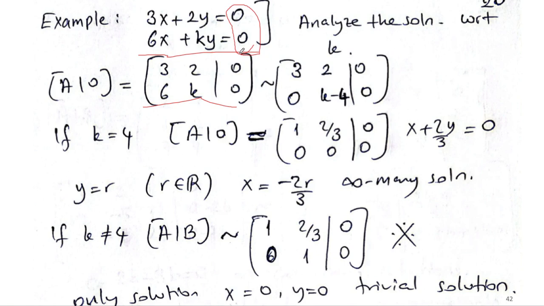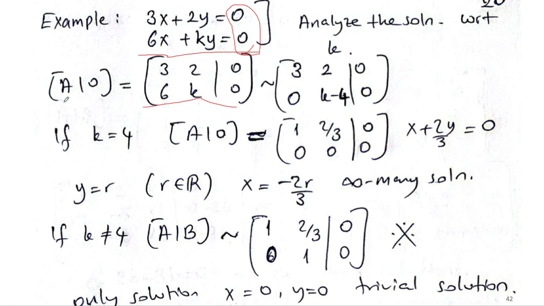So for this type of equation system, we have the homogeneous system. But in the homogeneous system, the trivial solution, that is all these unknown variables x and y equal to 0, is a solution, and that's called the trivial solution.